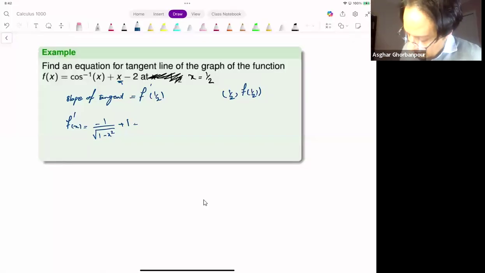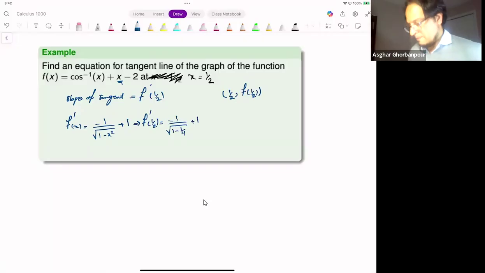That means f prime at half is negative 1 over square root of 1 minus half squared, which is 1 over 4, plus 1.